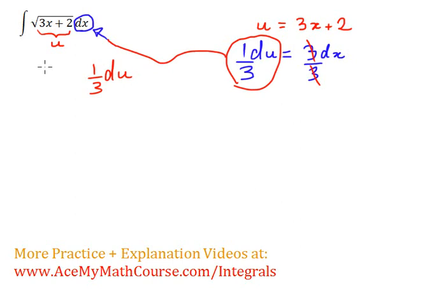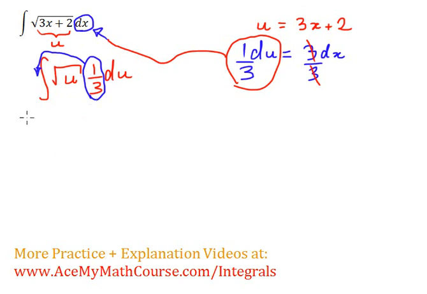Fantastic. And write the integral sign and the square root of u, because I already took the 3x plus 2 and replaced it with the u. So what can I do right now? I can actually take this 1/3 out here, because it's just multiplying everything else.